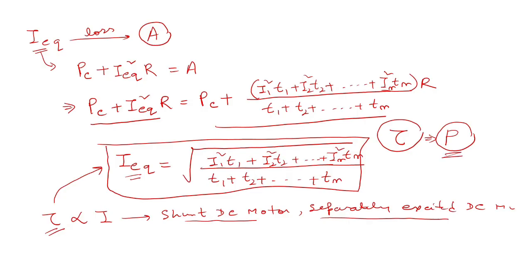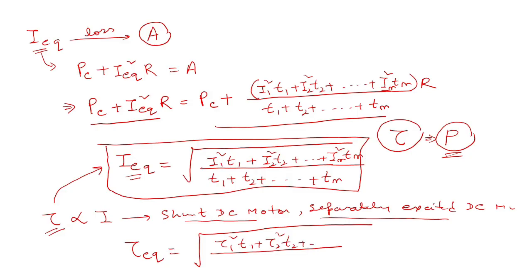Now you can say that the torque equivalent is the same: tau 1 square T1, tau 2 square T2 up to tau n square Tn. A similar equation we will get for power also, as we know that the power is directly proportional to torque in such motors.